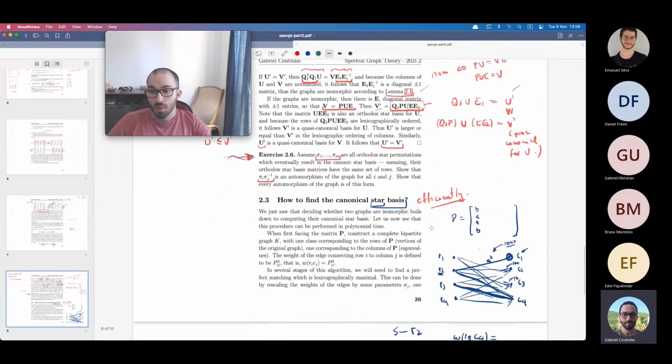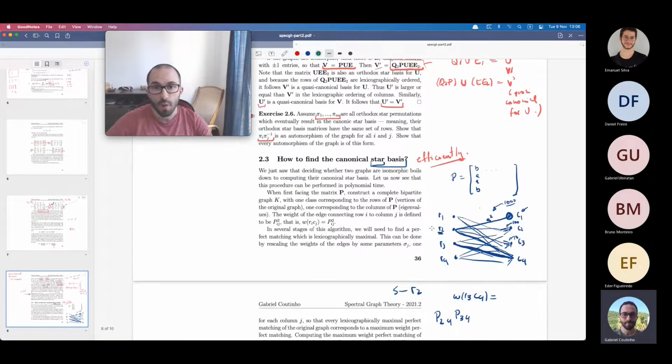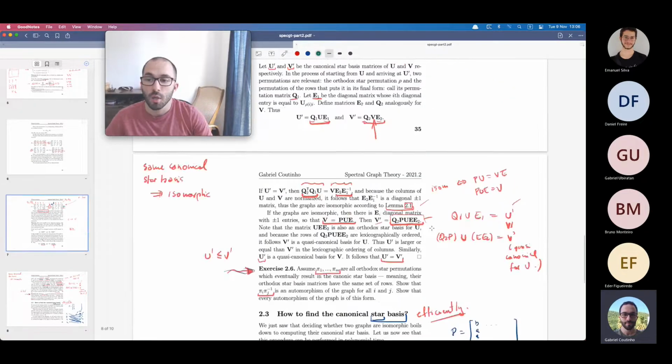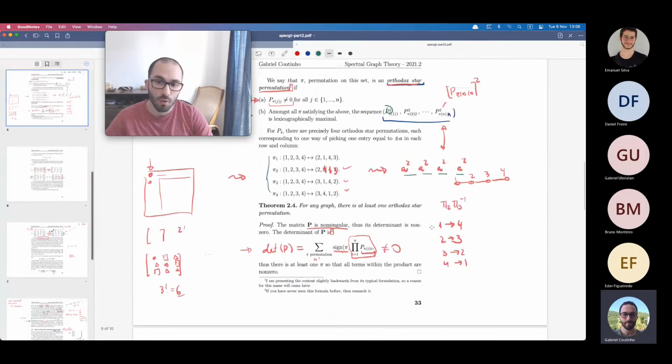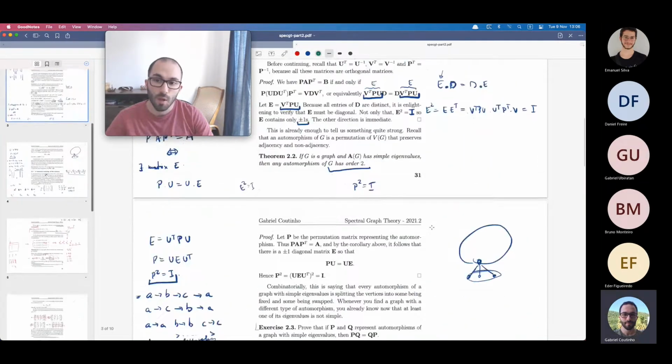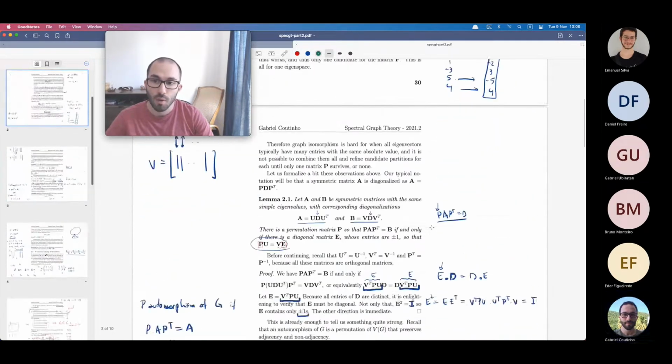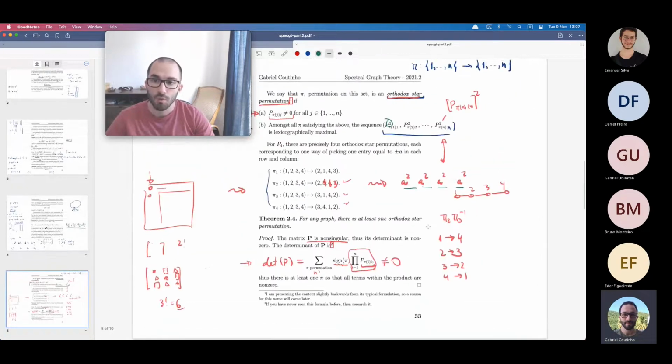And then we spent the second half of the class discussing how to actually compute this canonical star basis efficiently, because in this description that we had during class, there was a step that involved computing a bunch of permutations and selecting amongst all of them the lexicographically largest.